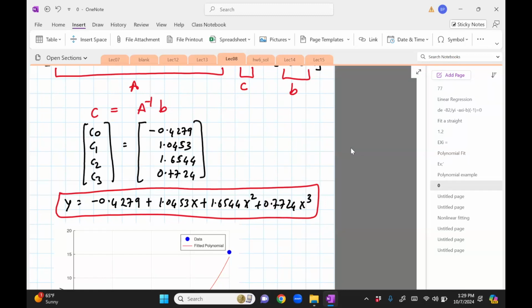I think that's in the homework question. So you could take my code and modify the polynomial. It'll work just fine for this curve. In fact, you could take the same code which I gave you, modify it to be a third order polynomial, and it should give you the same answer.